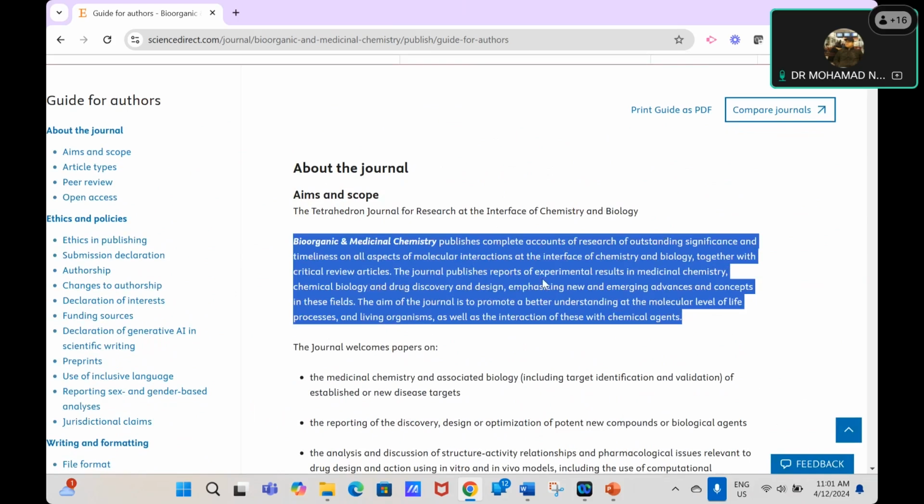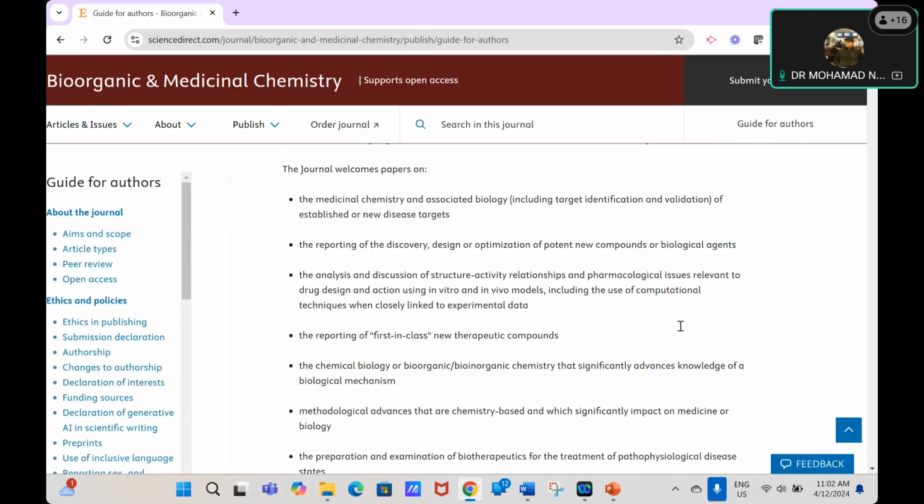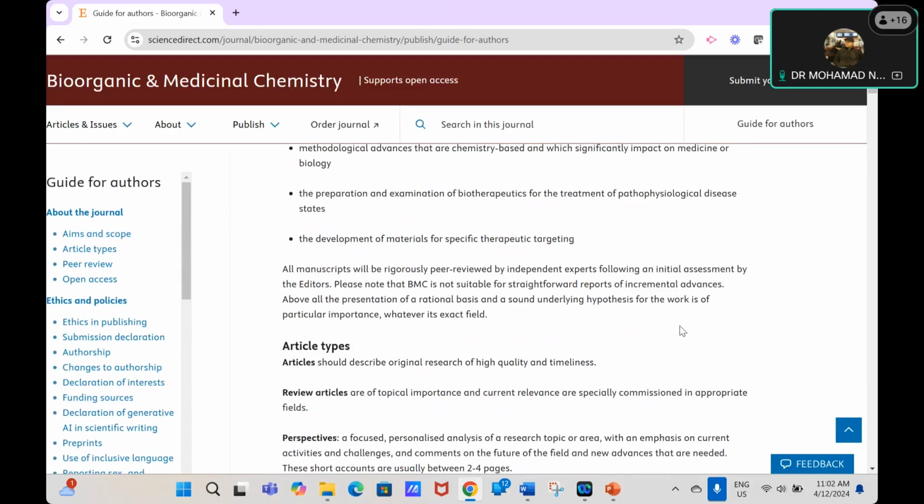Okay, the journal publishes reports of experimental results. And the aim of the journal is to promote better understanding at the molecular level of life processes and living organisms, as well as interaction of these chemical agents. Some journals, okay, already highlight that no preliminary studies are accepted in these publications.